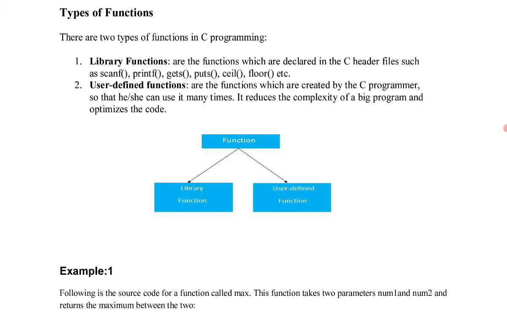Next one is user defined functions. What are user defined functions? These are the functions which are created by the C programmer, so that he or she can use them many times. It reduces the complexity of a big program and optimizes the code.